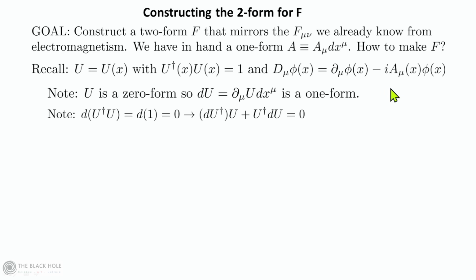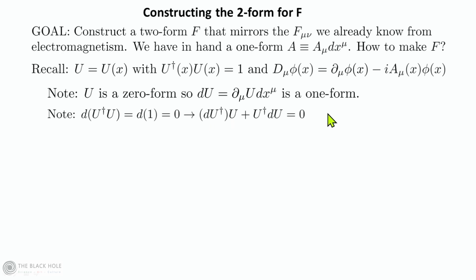We're going to need an identity again and again, which is that U†U is 1. Therefore, d on that has to be 0 because it's a partial derivative. And so d acting on 1 will give you 0. Now, if you differentiate this, then you have dU†U and then U†dU.